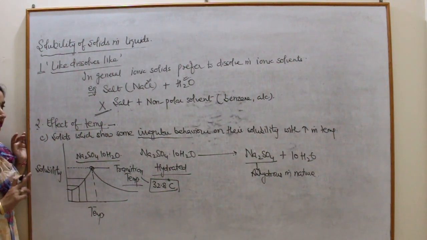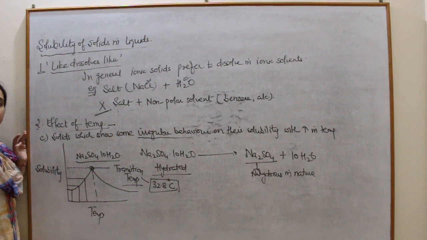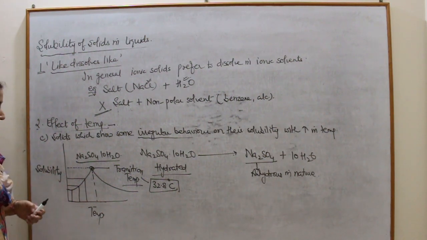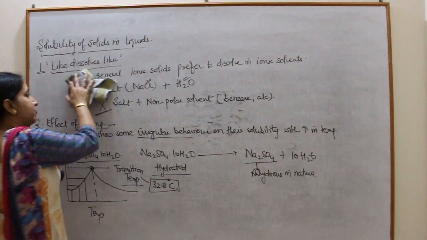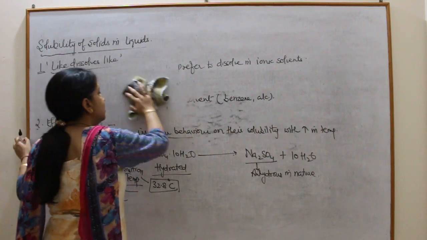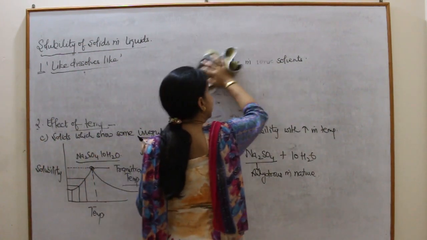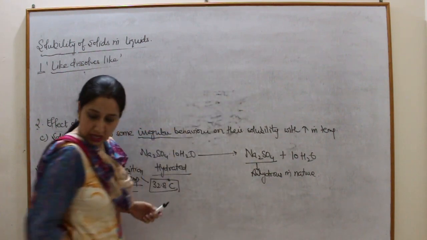So under the effect of temperature, we discussed three types of solids. First type solids are those whose solubility increases with the increase in temperature. Which solids show this behavior? The solids in which the reactions are endothermic in nature.